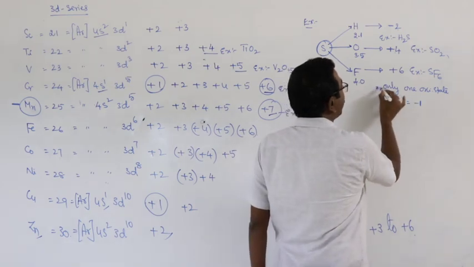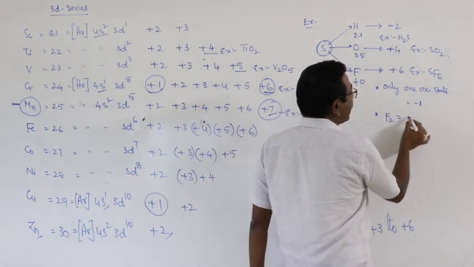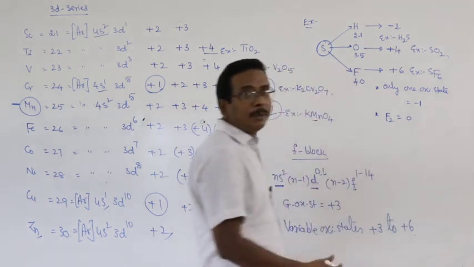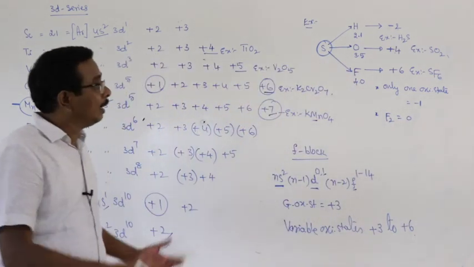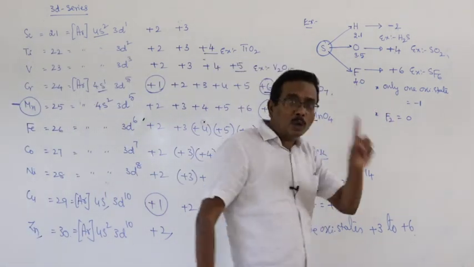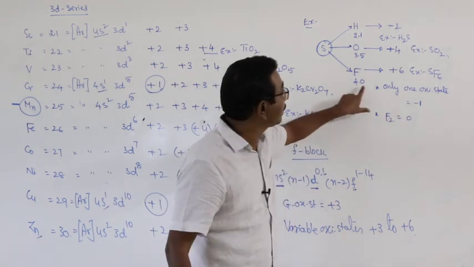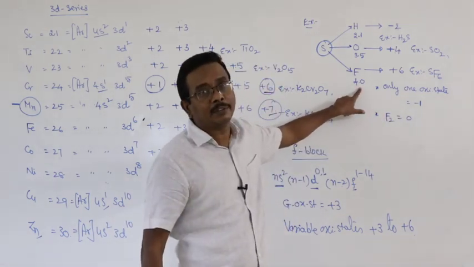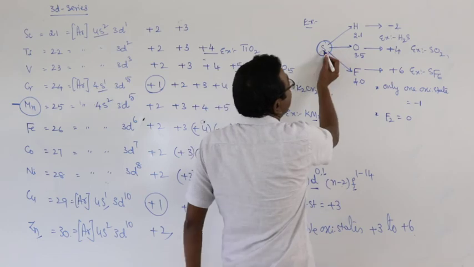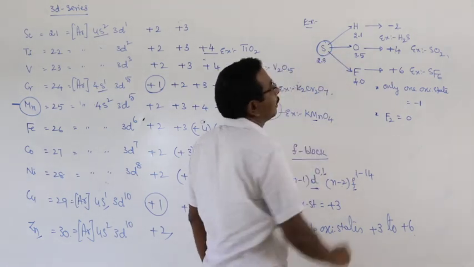In the elemental state its oxidation state is 0, of course. But in the combined state, fluorine exhibits only one oxidation state, -1. What is the reason for that? Exceptionally high electronegativity. What is the electronegativity of sulfur? That is equal to 2.8.